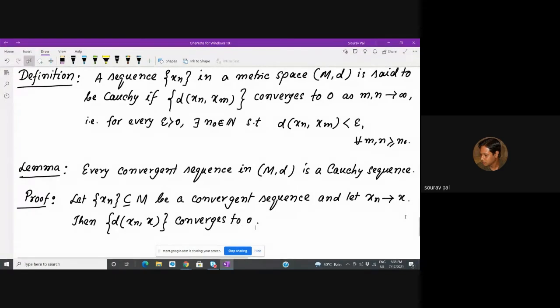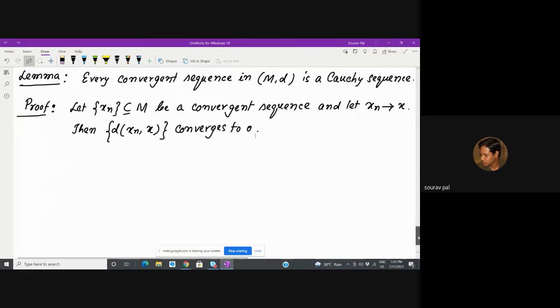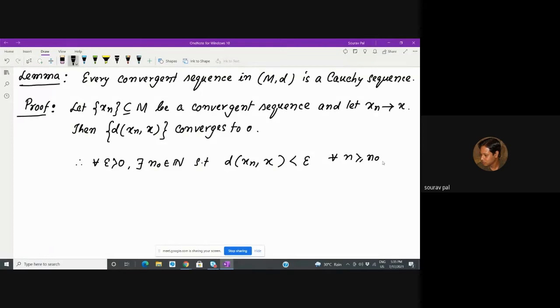So therefore, we just deal with our boring machinery: for every positive epsilon, you can find an n naught such that we have this.